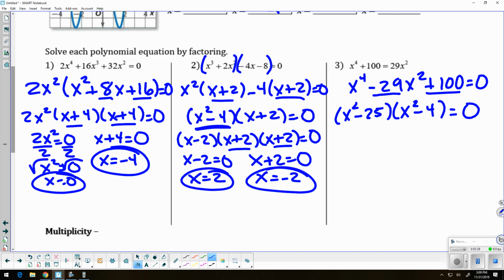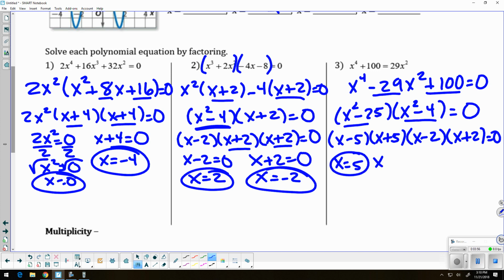But these are both a difference of squares, so keep on factoring. Breaking it all the way down, you'd have x minus 5 times x plus 5 for the first difference of squares, and then x minus 2 times x plus 2 for the second one. So solving from left to right, you get x equals 5, x equals -5, x equals 2, and then x equals -2.